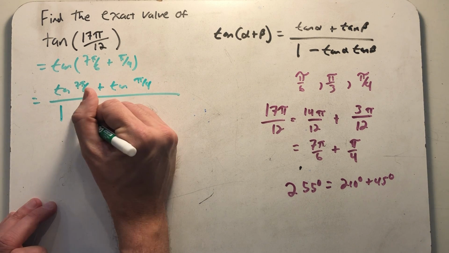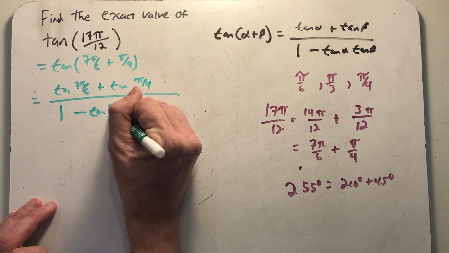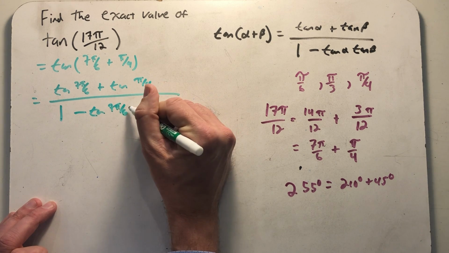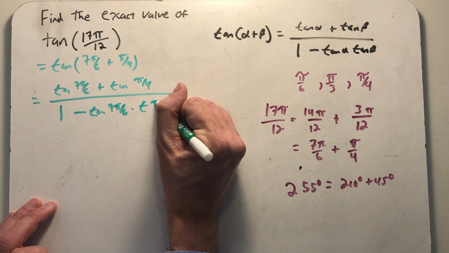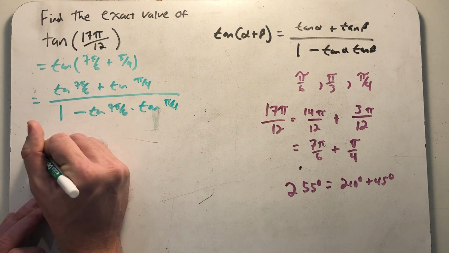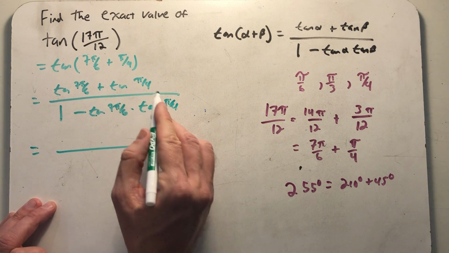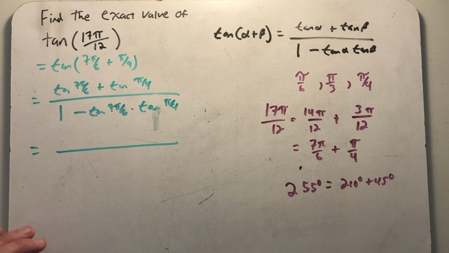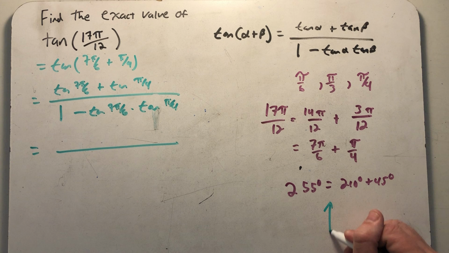And then on the bottom, 1 minus tangent of that first angle, 7 pi over 6, times the tangent of the second angle, pi fourths. Well, we know the tangent of pi fourths is 1, so that's going to be an easy part.